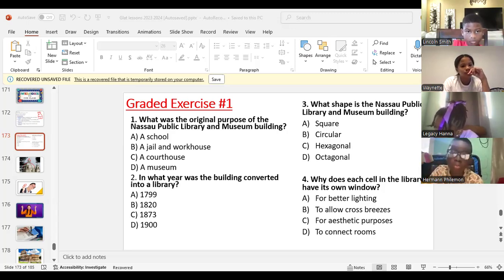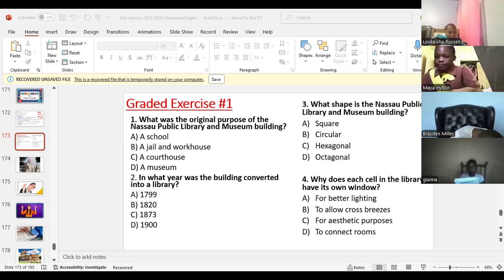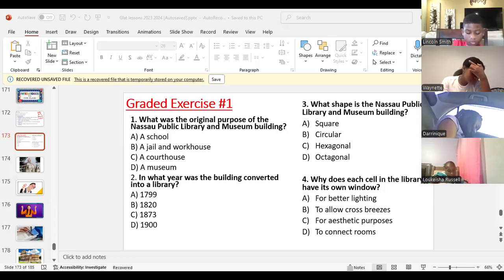Number 4. Legacy? Number 2. Where's Lincoln? What number you on? Number 2. When you leave, just take a picture of your work and what you have already.